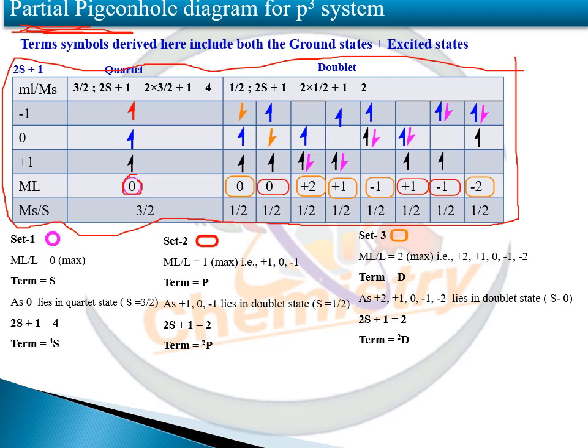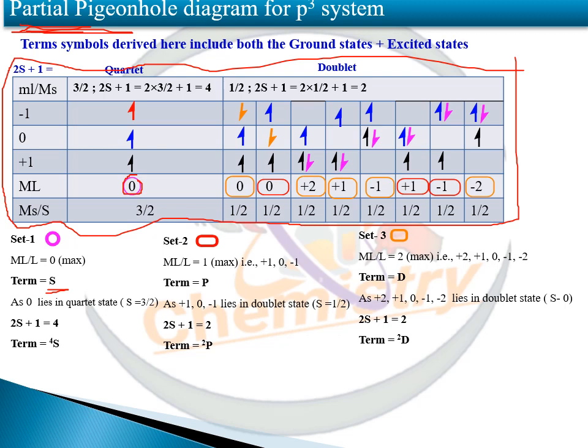You know that when the ml value is 0, the term will be S. And this 0 lies in a quartet state over here, so the spin multiplicity will be quartet.